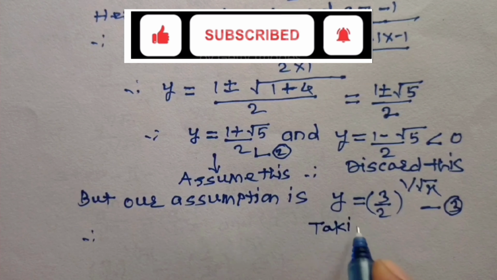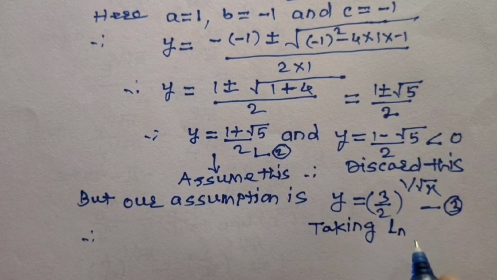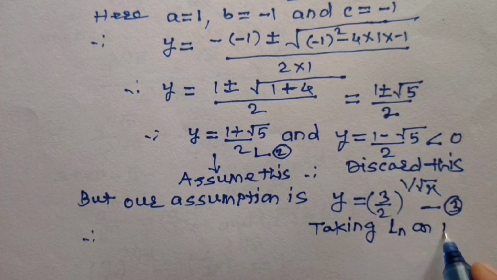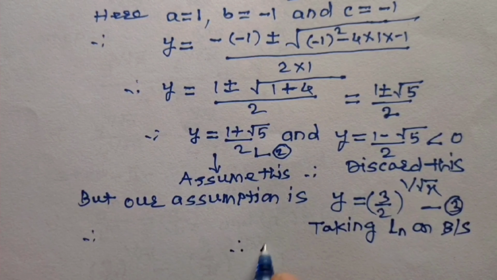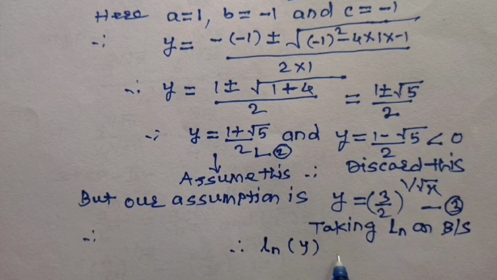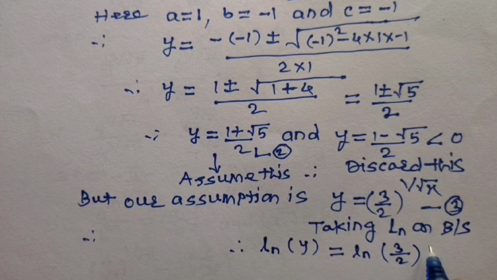Now we have to take ln, means natural logarithm, on both sides of equation number 3. Then the left hand side becomes ln y is equal to ln of (3/2) to the power 1 over root x.